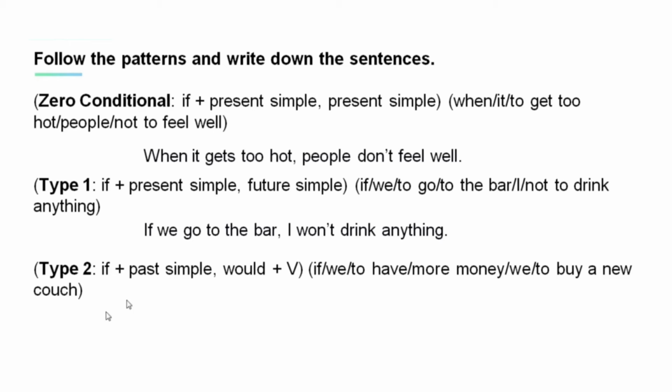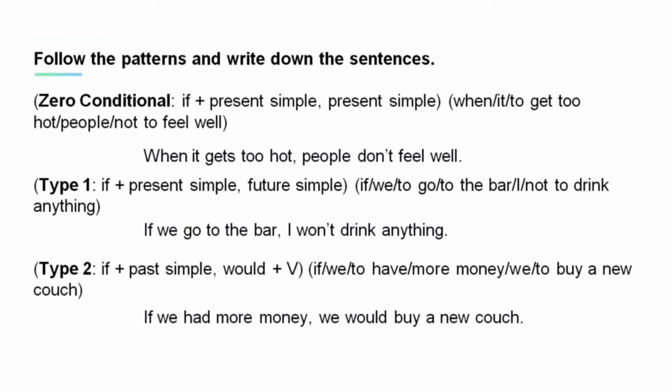Type 2. If plus past simple, would plus verb. If we to have more money, we to buy a new couch. If we had more money, we would buy a new couch.